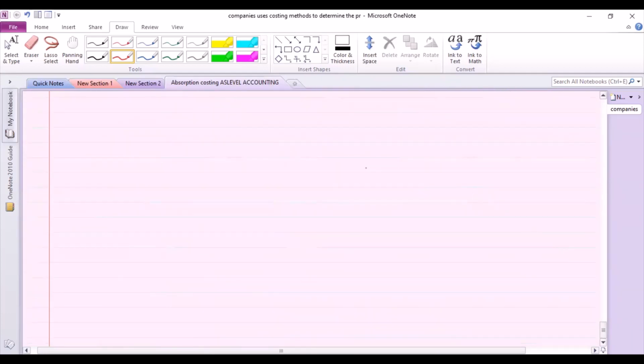Okay, for example, again, there is an assembly department. I will write it in short form. Assembly, this is our P1.